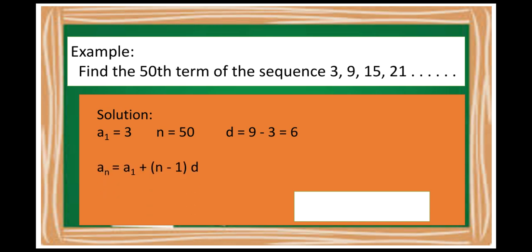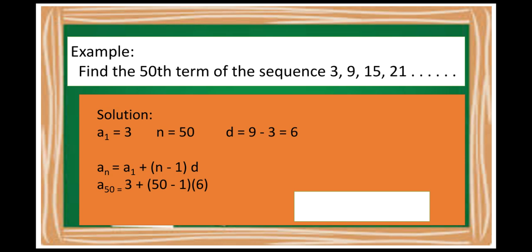Formula: we have a sub n is equal to a sub 1 plus n minus 1 times d, and substituting these values, we have a sub 50, since we are looking for the 50th term, equal to the first term 3 plus n minus 1, which is 50 minus 1, times the common difference d, which is 6.